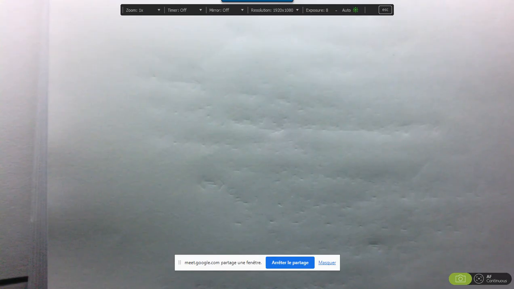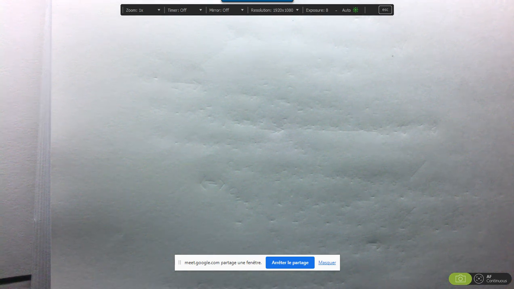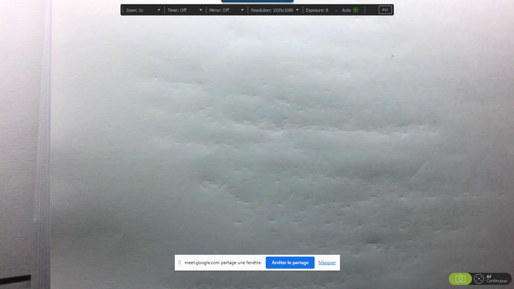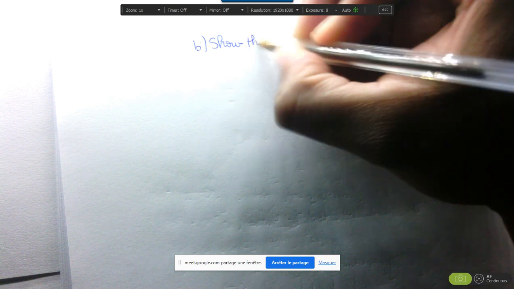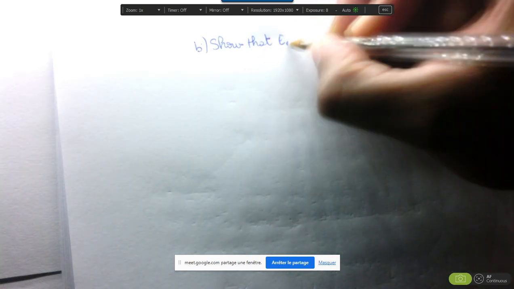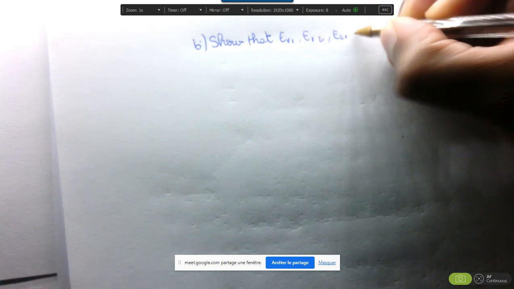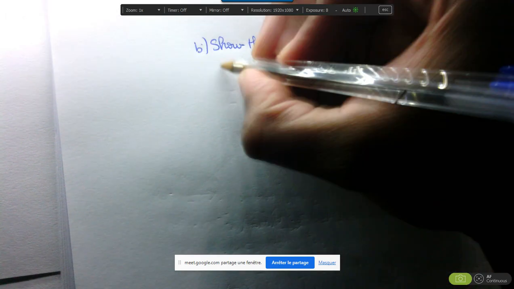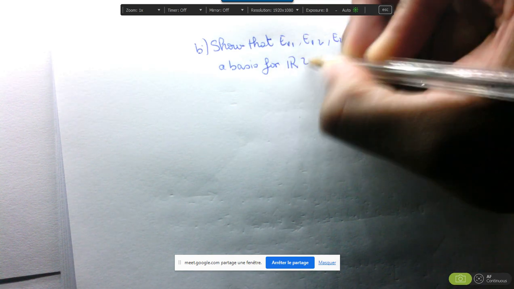Now we want to show that E11, E12, E21, and E22 form a basis for R2 by 2.